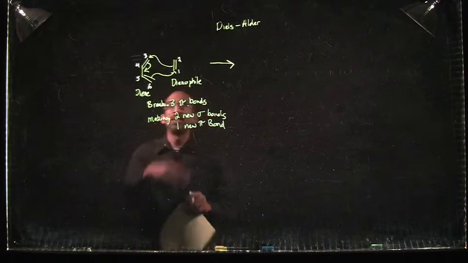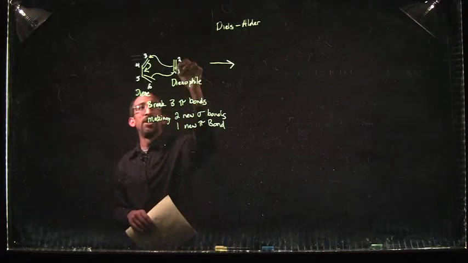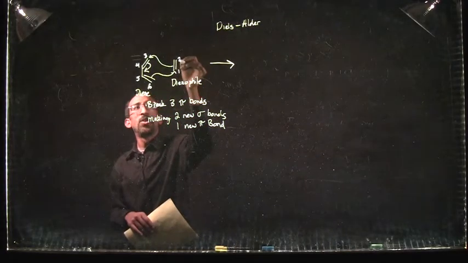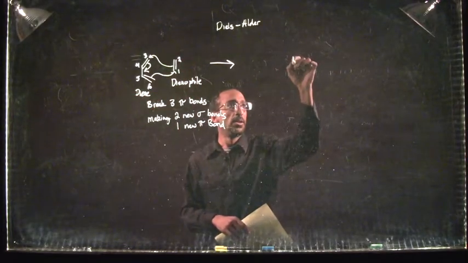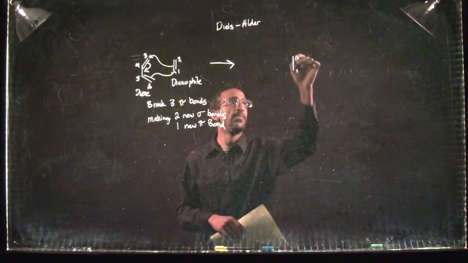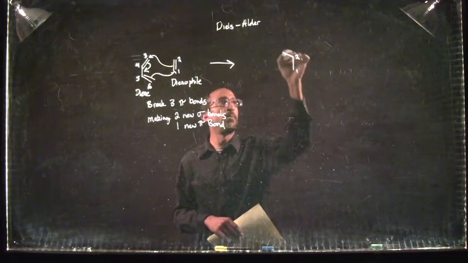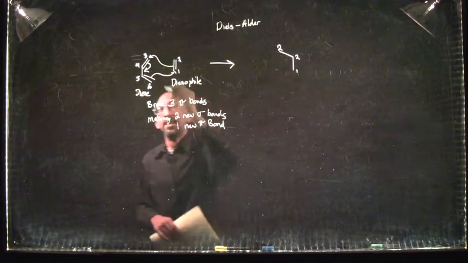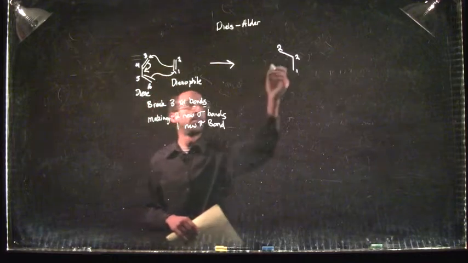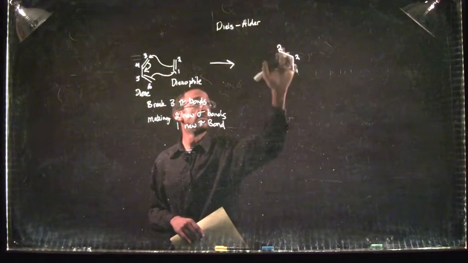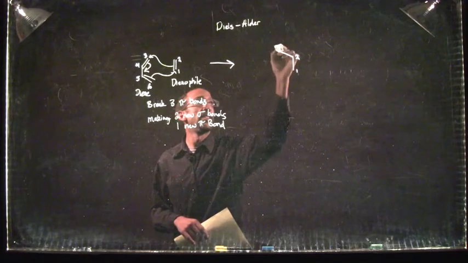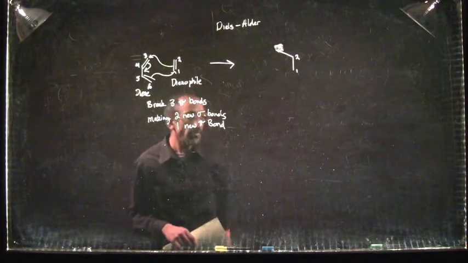And so first thing I do is I'm breaking the pi bond between 1 and 2 and creating a sigma bond between 2 and 3. So here's 1 and 2, and I have created a sigma bond between 2 and 3. Now I'm breaking the pi bond between 3 and 4. Excuse me, that's going to be atom 3.